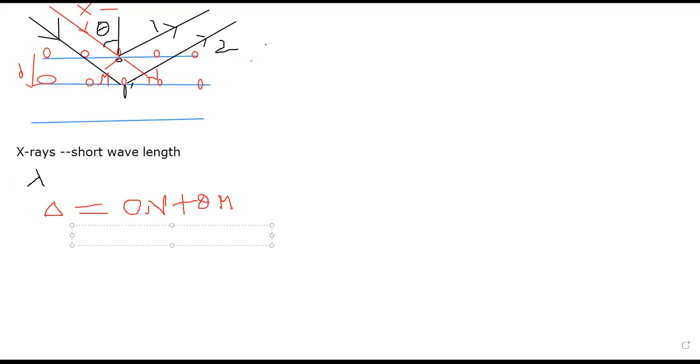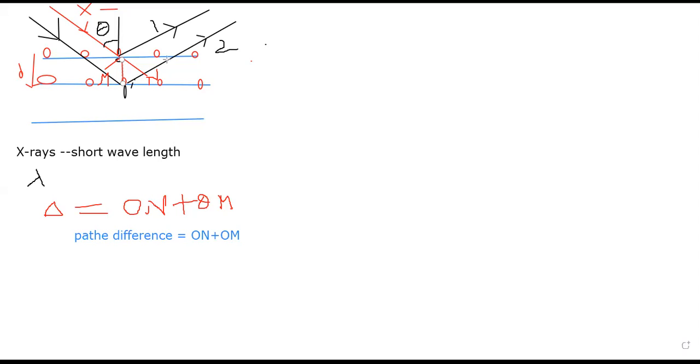So path difference equals ON plus OM. We have to find out this path difference. For that, I will draw a line here which equals D. This line is D, the interplanar distance between these two adjacent parallel lines.